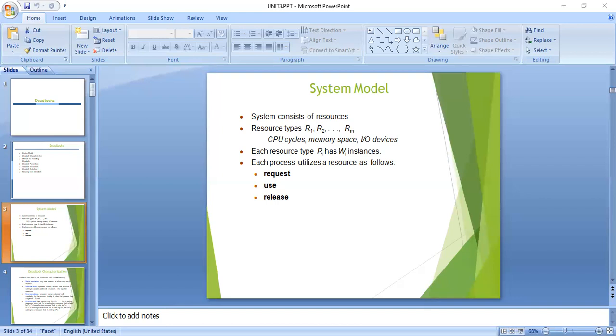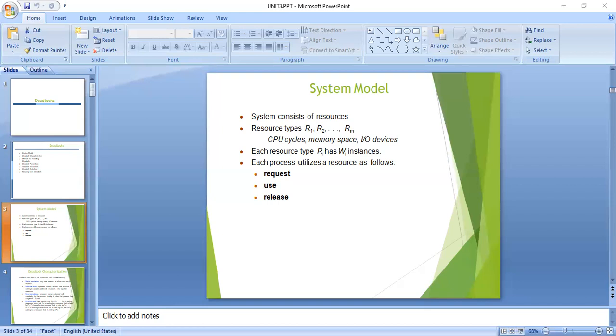Next, the fourth point is Pi is holding an instance of Rj. Pi is the process and Rj is the resource. If you see, the first instance from the resource block is assigned to the process, and see the direction also: the directed edge is pointing towards the process, which is called assignment.